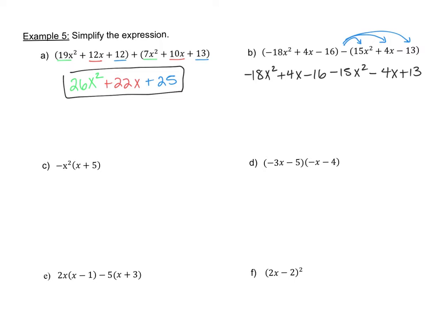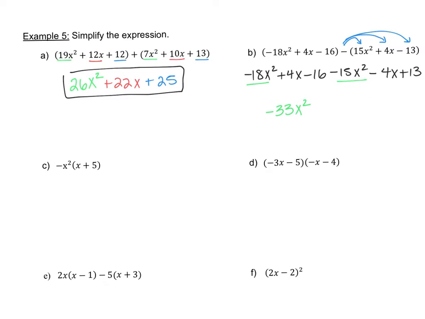And I have no more parentheses, so I can easily combine the negative 18x squared and the negative 15x squared because they both are x squared. So that combines into negative 33x squared. And then I noticed something.